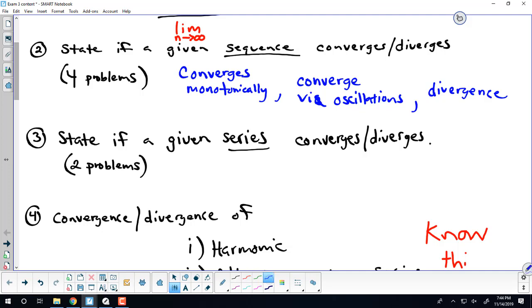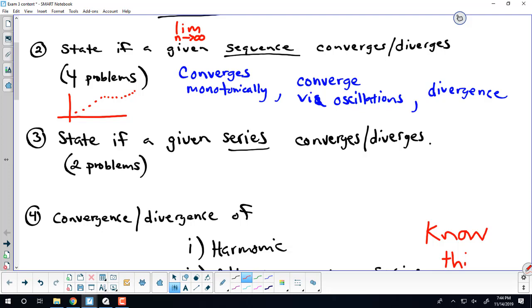If we have a sequence given to us, visually it's something like this. It's increasing, then it's flat, and then it increases again. That would be a monotonic sequence. If we graph a sequence, it's just a bunch of discrete points.